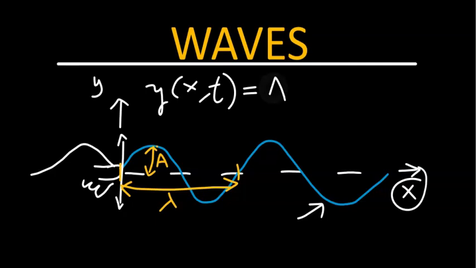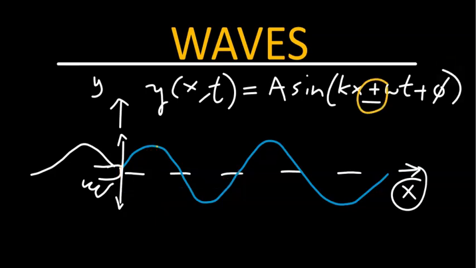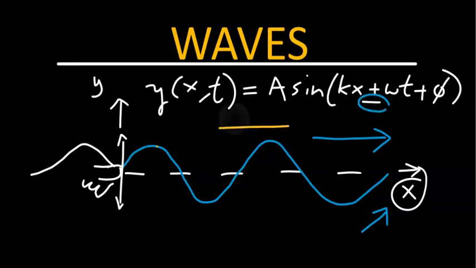So the first term is amplitude times sine of kx plus or minus omega t plus some initial phase phi. Note there is a plus or minus sign, so which sign do we choose? If the direction of wave propagation is to the right, namely along the positive x-axis, then we should choose the negative sign. If the direction of propagation of the wave is to the left, namely along the negative x-axis, then we choose the positive sign.